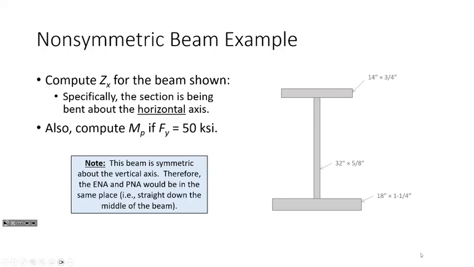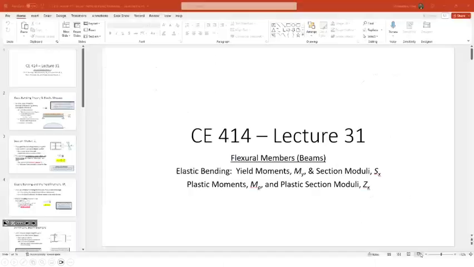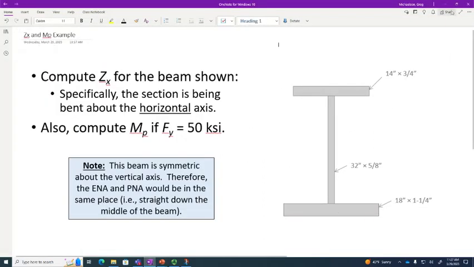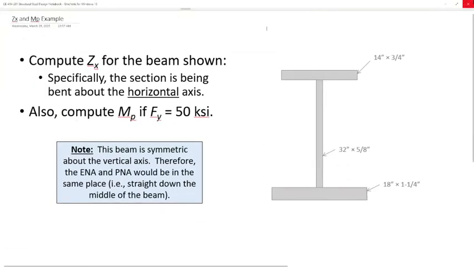So I want to look at this section, and I want to figure out where the plastic neutral axis is, and ultimately what I want to do is compute Zx and compute Mp. All right? Let me pull this up here. I'm going to give you all a second to jot this down, because I really want you all to follow along with this. This is, I argue, one of the easier things that we've done this semester.